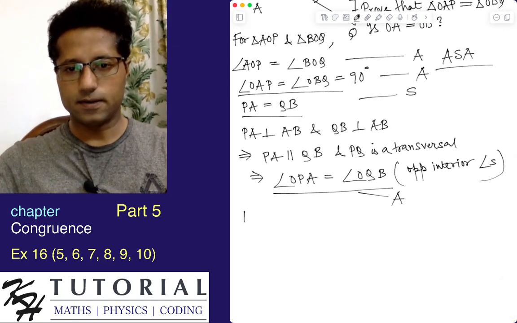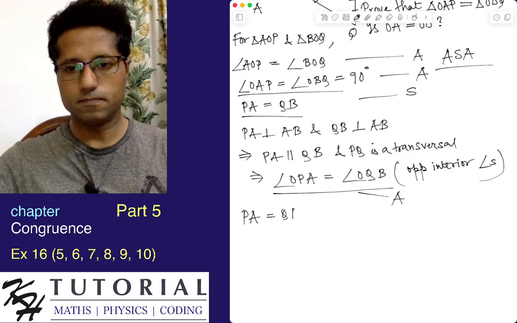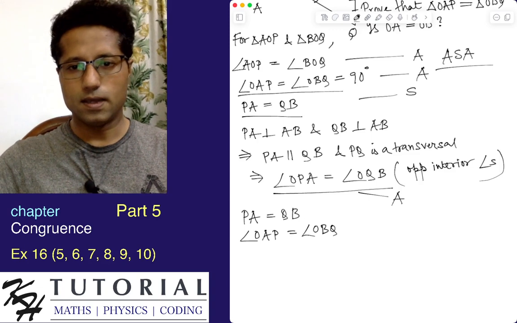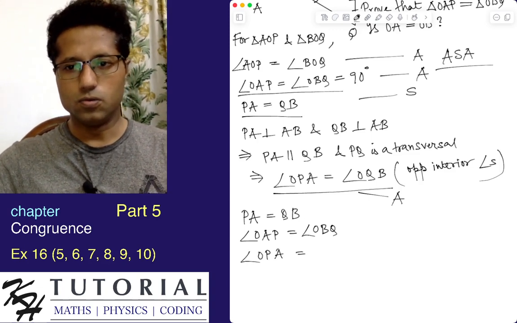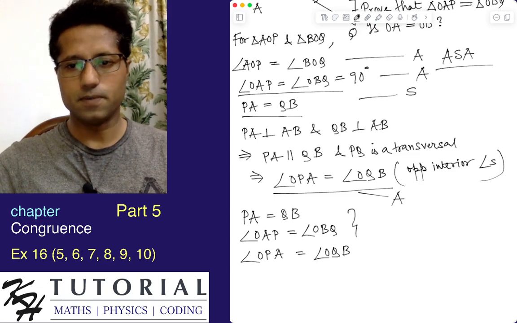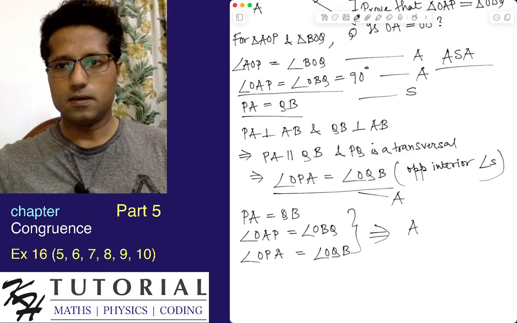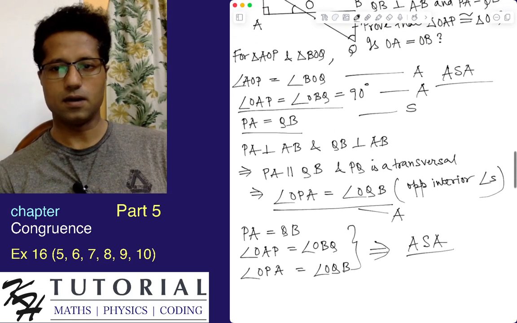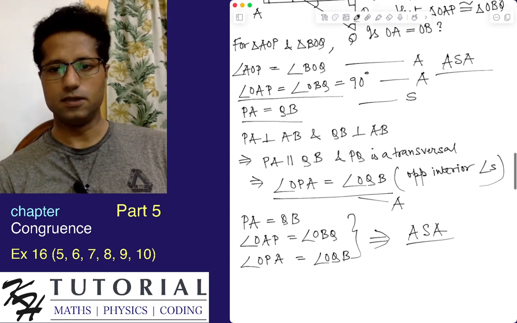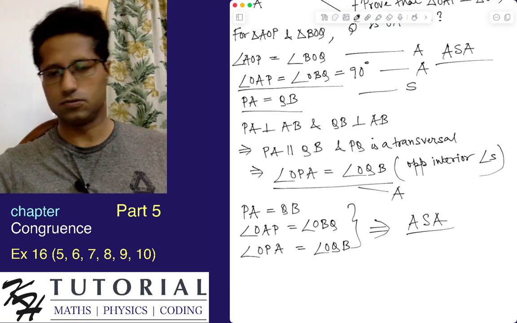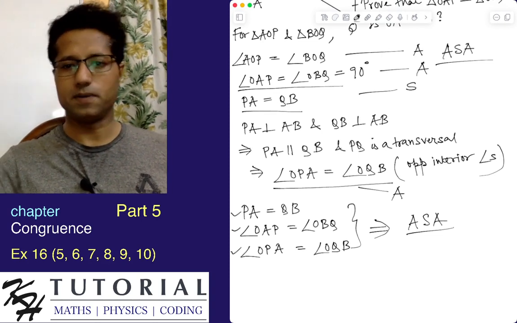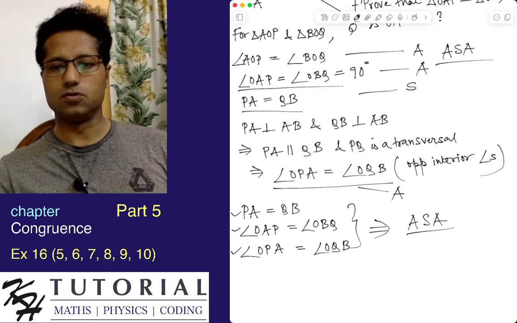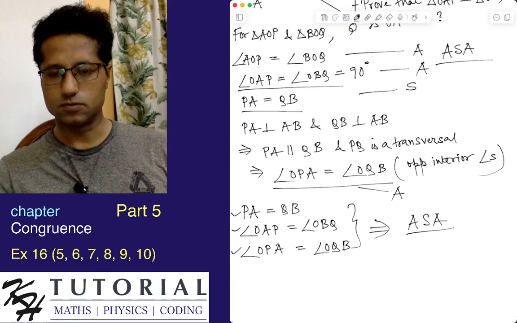So the fact that PA is equal to QB, angle OAP is equal to angle OBQ, and angle OPA equal to angle OQB, these three pairs of matching parts imply a congruence property.